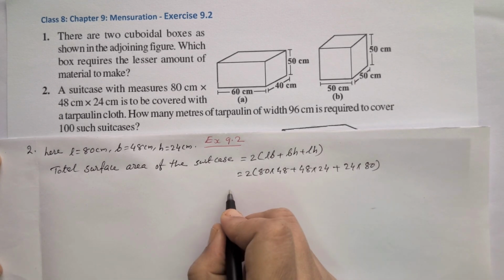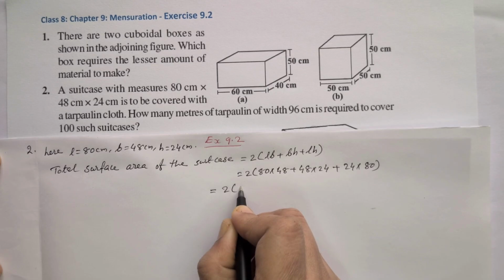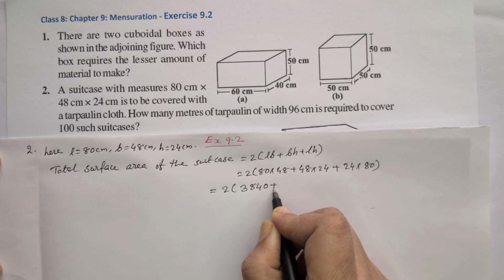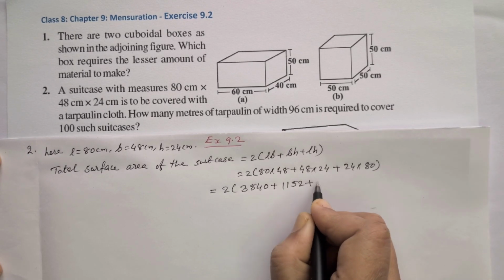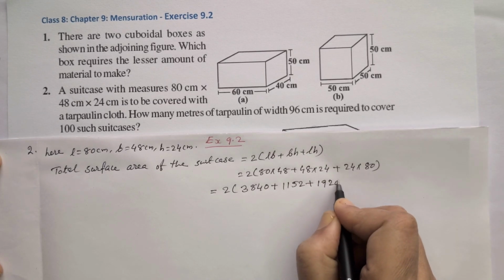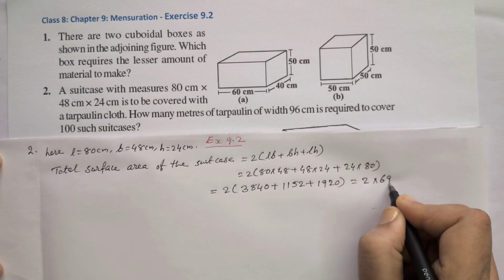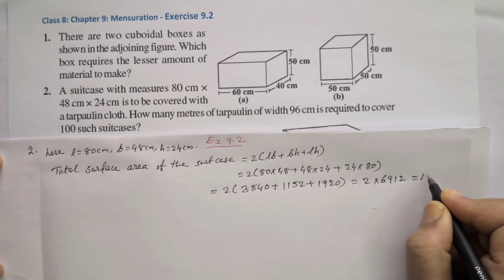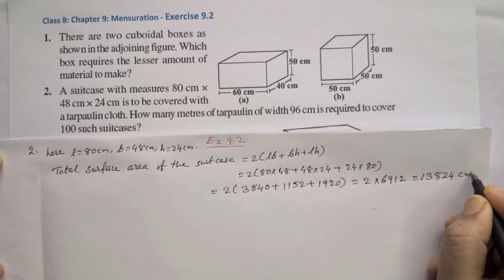which is equal to 2 into (80 into 48, that is 3840, plus 48 into 24, 1152, plus 24 into 80, that is 1920), which is equal to 2 into 6912, that is equal to 13,824 centimeter square.